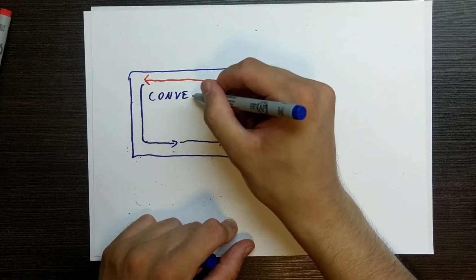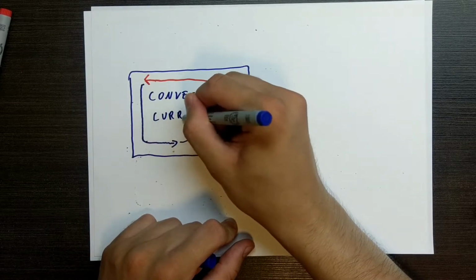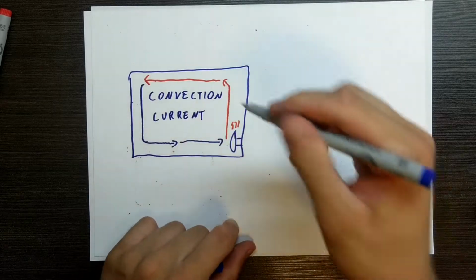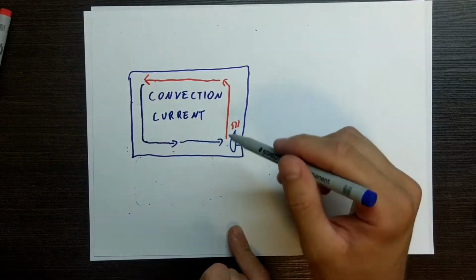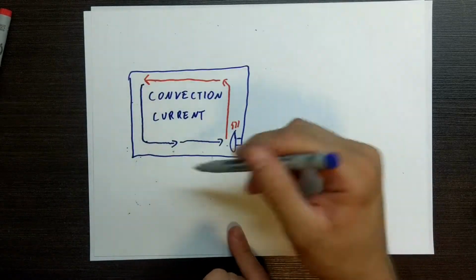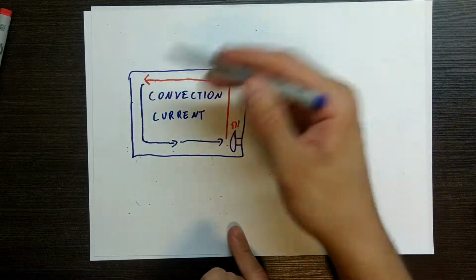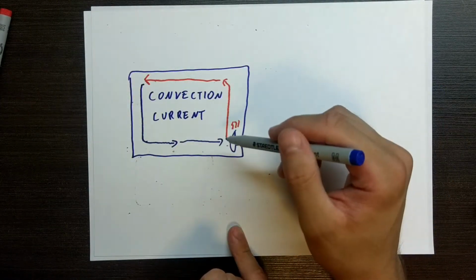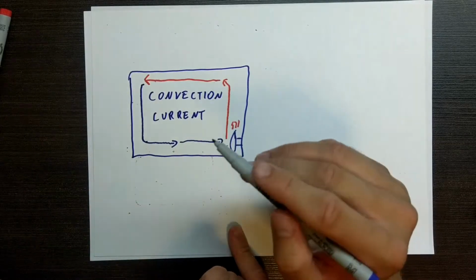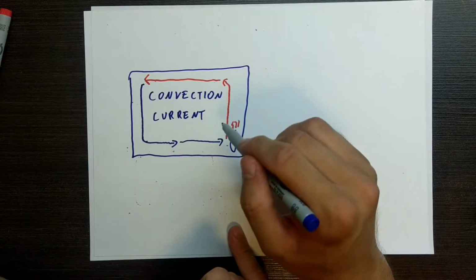Let me put it down for you. Now, this is literally how a radiator is able to heat your room. That's how one single radiator is able to heat your entire room, because it keeps warming up this air. It keeps leading to that whole air exchange that allows it to warm up all the air in the room using convection. So this is how convection can be used to transfer heat.